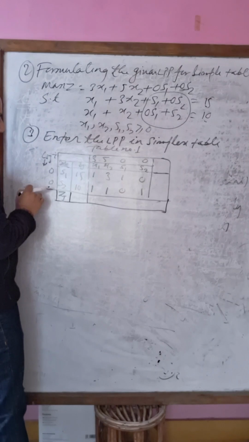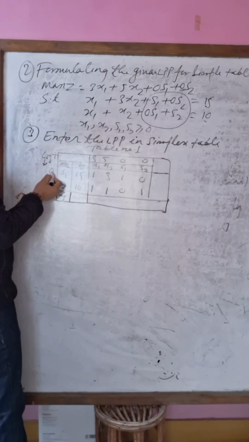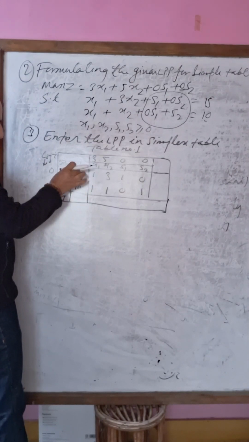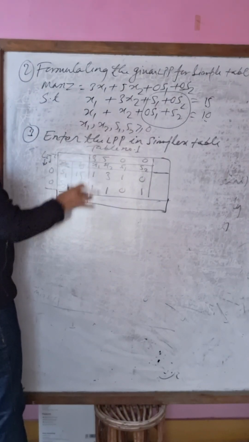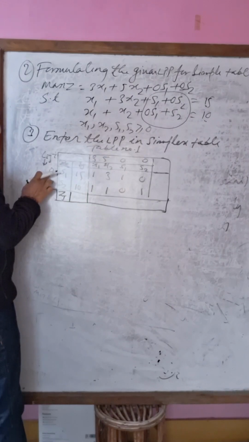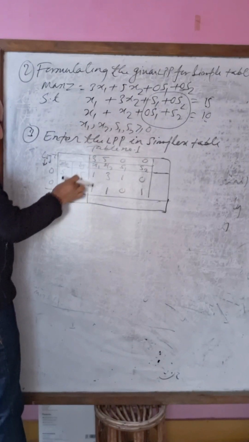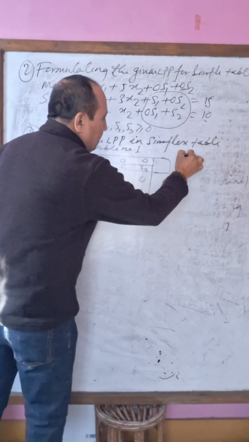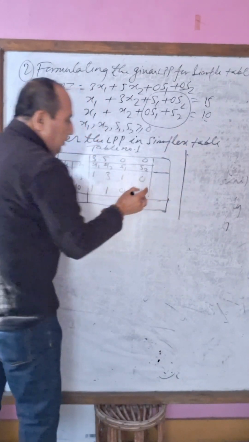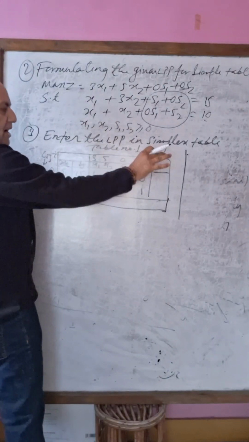We calculate Zj by multiplying this coefficient by this column value. So for this column we calculate Z1. You need to show the calculation on the side.